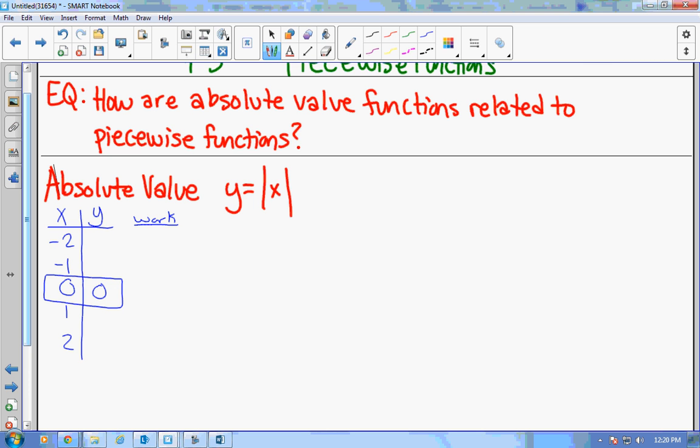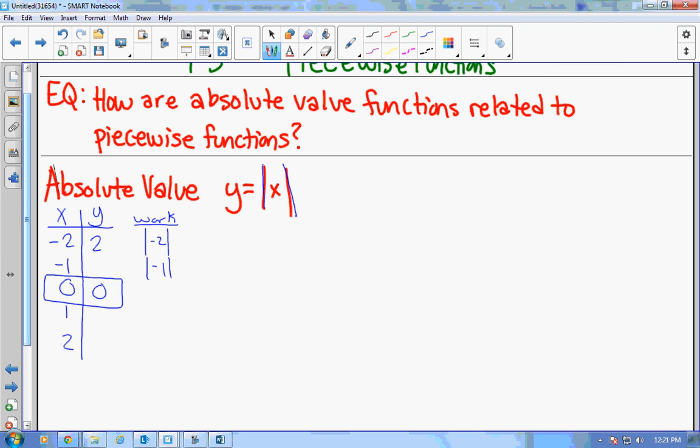Work means we take the -2 and we plug it, in this case, into the absolute value. Absolute value of -2. Okay, Alexis, what's the absolute value of -2? It means how far away from 0 is -2. Good, because distance has to always be positive. Then we do absolute value of -1.